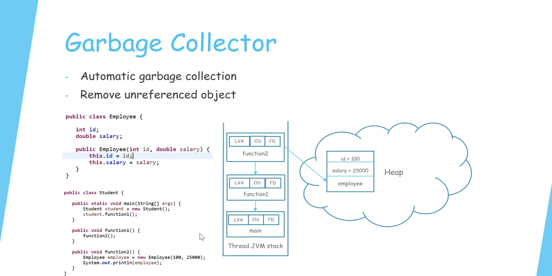Now when the execution of function2 completes, this function2 frame will be popped out from the thread JVM stack like this. And now you can see this employee object is not referred by any of the methods or any class. So this object is eligible for garbage collection now.